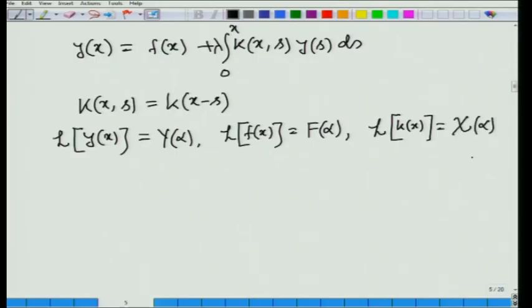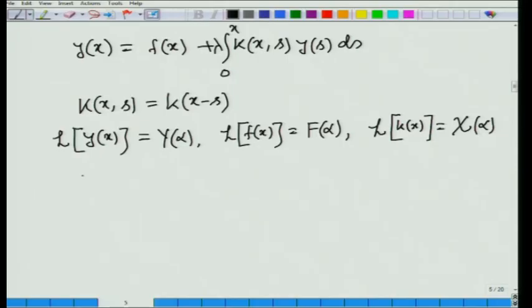These are the notations, and you can try to understand that whenever K(x, s) is a function of the form k(x minus s), then the integral from 0 to x of K(x, s) y(s) ds is nothing but the convolution of the function small k(x) and the unknown function y.